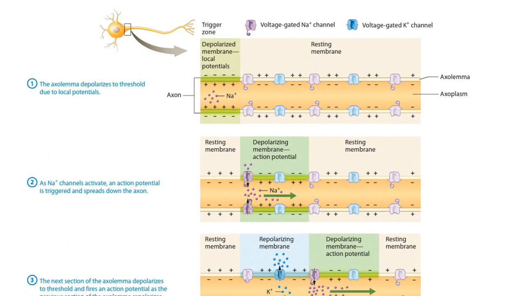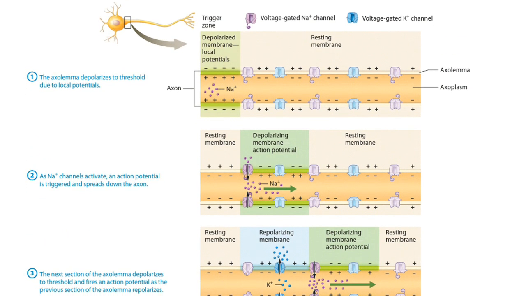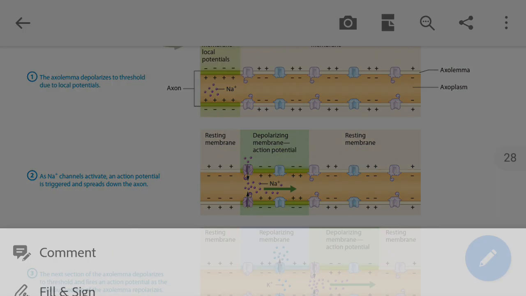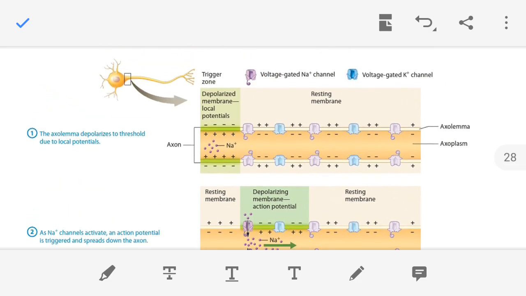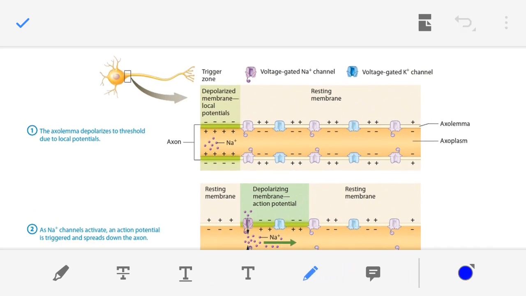Now let's try to understand how this depolarization is spreading. How does the nerve impulse propagate, how is the nerve impulse conducted? Here you can see this part is depolarized. As this portion is depolarized, that means the sodium channels were open, and Na plus enters inside the cytosol very quickly.